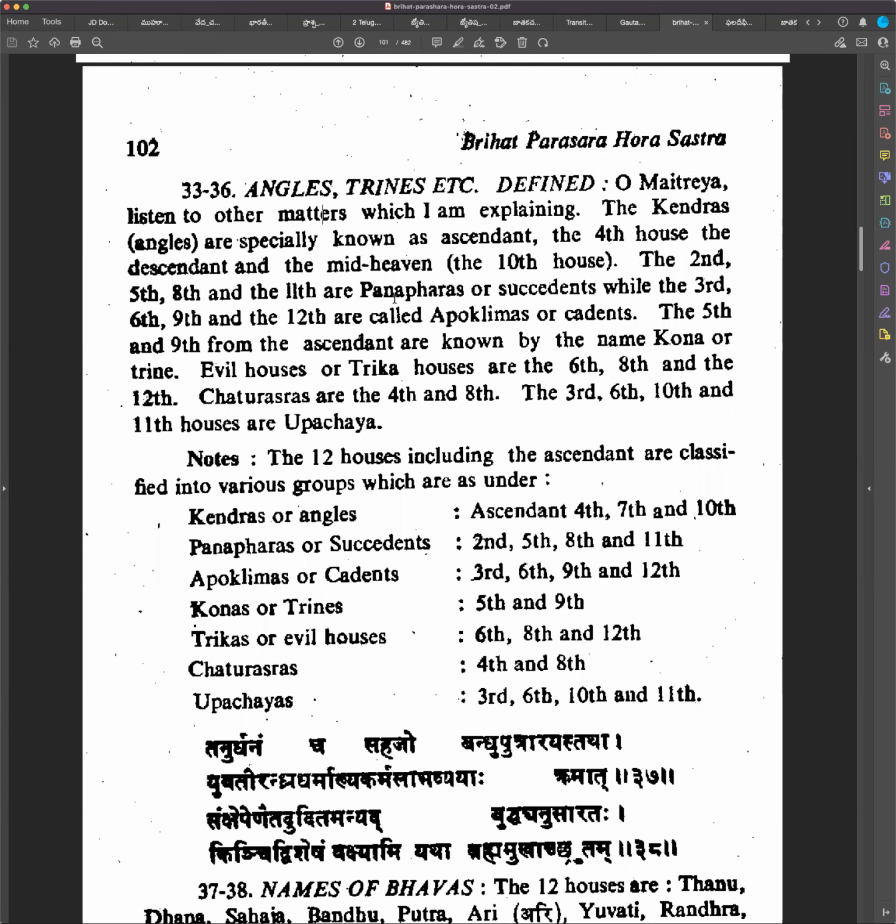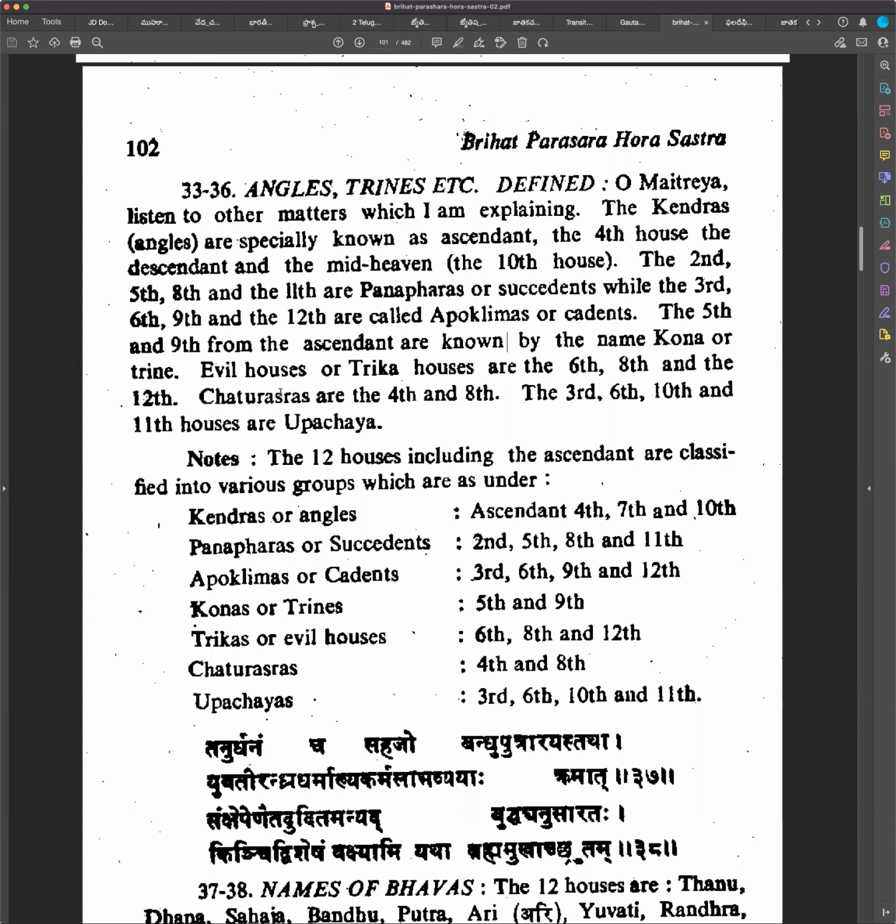Next, the 2nd, 5th, 8th and 11th are Panaparas. And next, the succeedents, 3rd, 6th, 9th, 12th are called Apoklimas or cadents. The 5th and 9th from the ascendant are known as Konas.